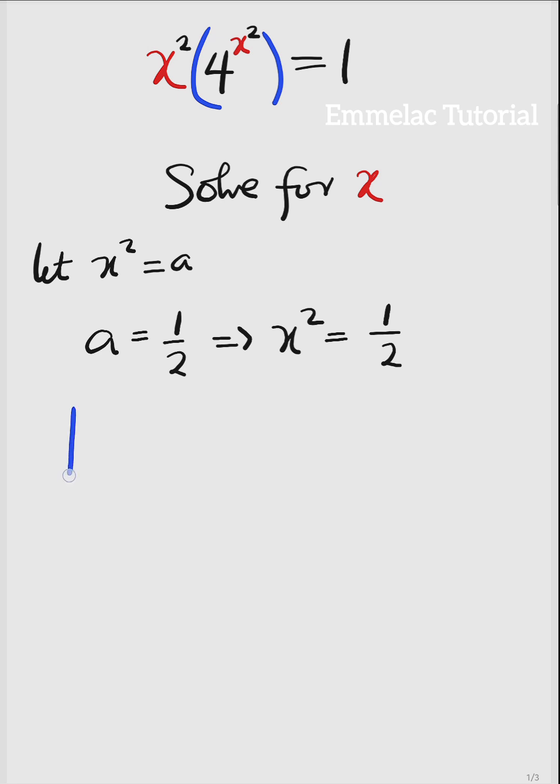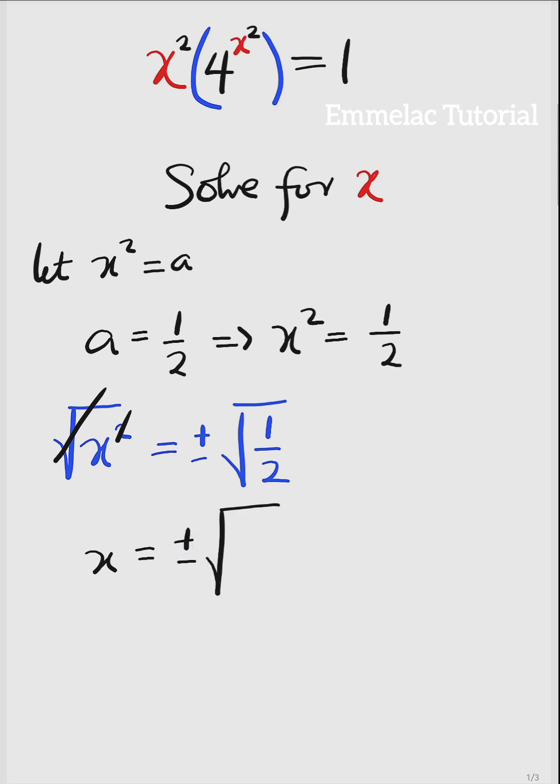So this becomes the square root of x^2 equals plus or minus the square root of 1 over 2. So this clears off this, then our x equals plus or minus the square root of 1 over 2.